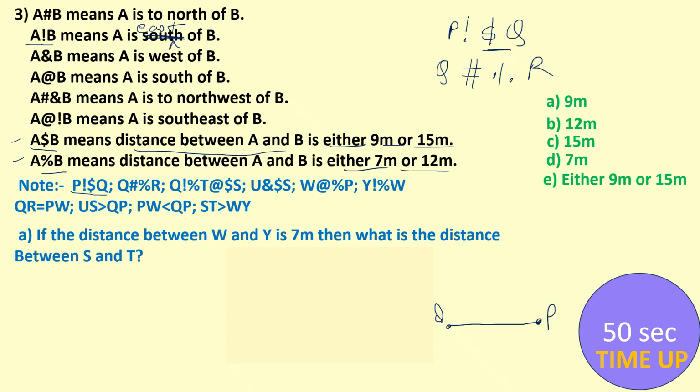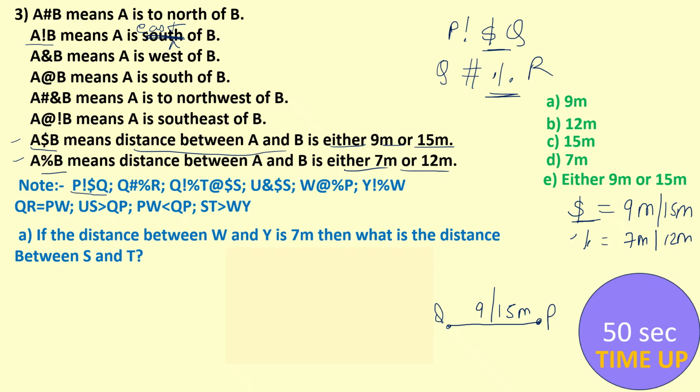So this dollar and percentage are giving you the distance, but it is not confirmed which is what distance. So dollar can be 9 or 15 meter and percentage can be 7 meter or 12 meter. So from Q to P we don't know. So dollar indicates it can be 9 or 15 meter.